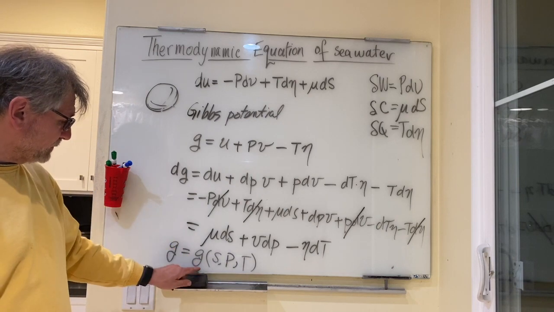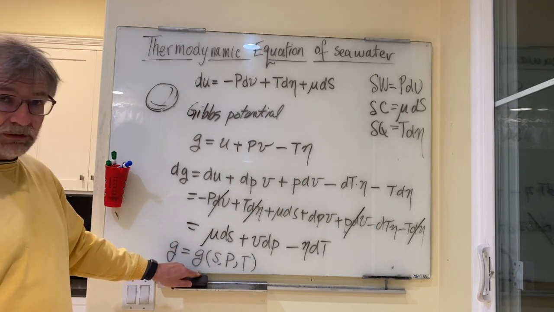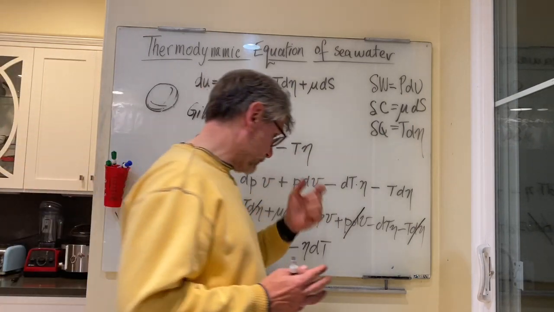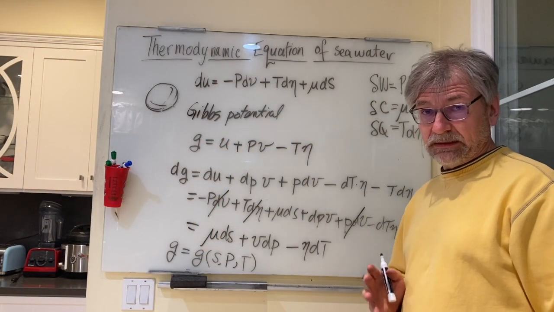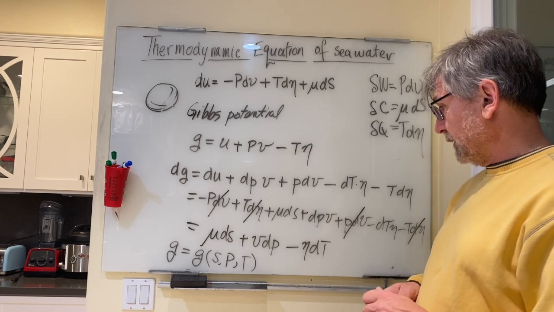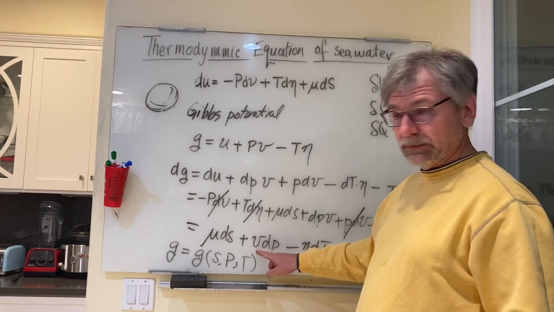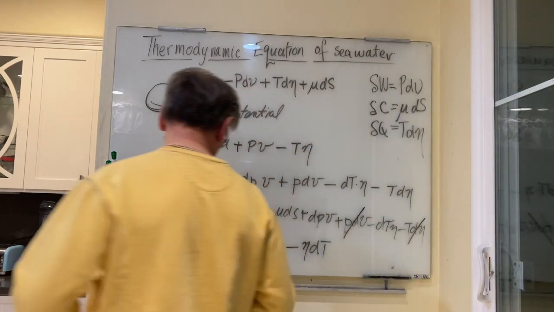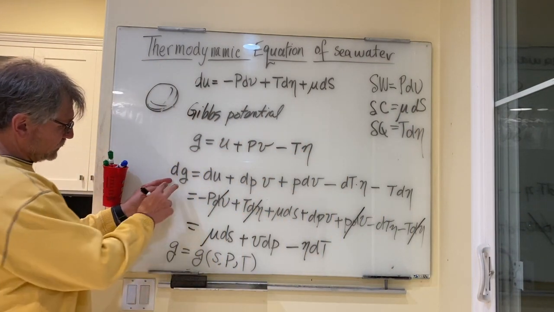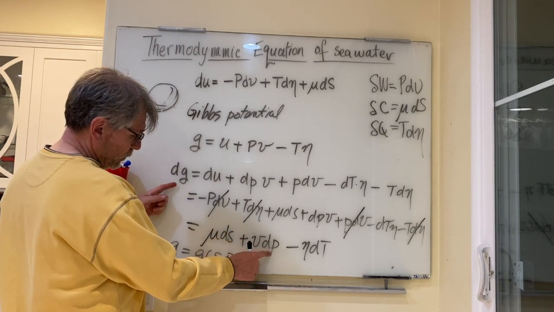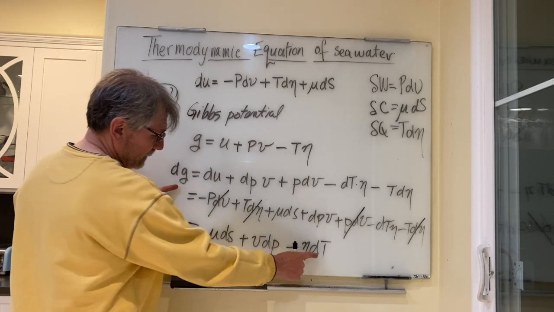So now we have this Gibbs function, and from this Gibbs function, we can derive the quantities we need, or that we might be interested in. For example, suppose we were interested in the density, which is one we'll often be interested in. Remember that the density is the reciprocal of the specific volume. So if we want to get the density, we will just take the partial derivative of G with respect to P, holding salinity and temperature fixed.